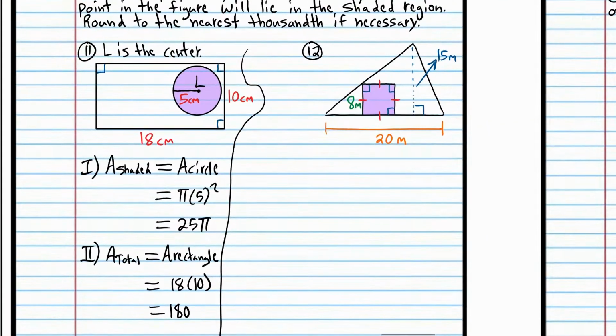So on to number 12. Step 1, we're going to find the area of the shaded region, which is the area of the square you see, which is 8 times 8, which is 64.